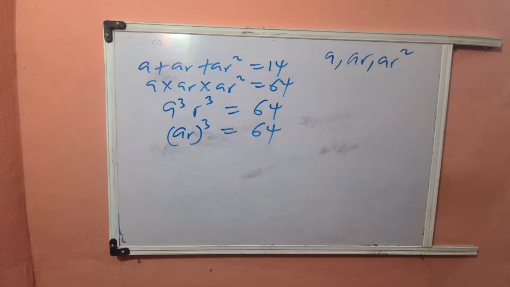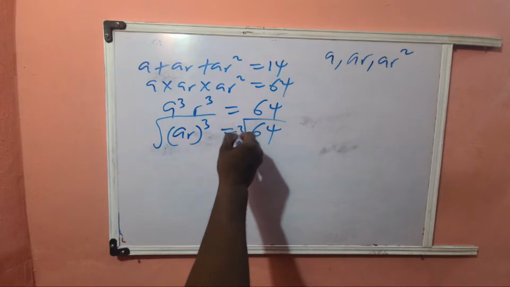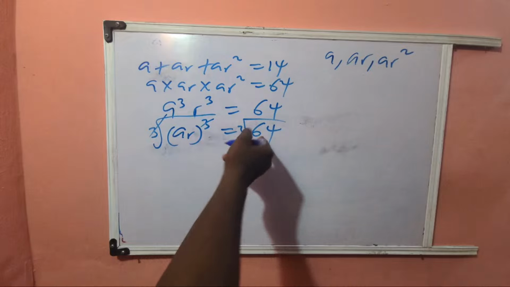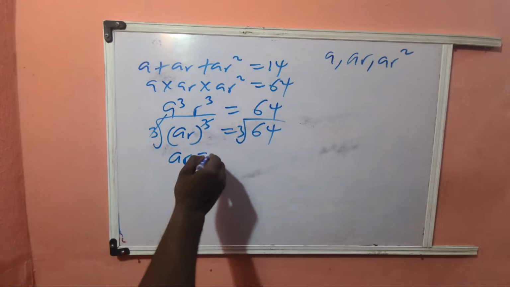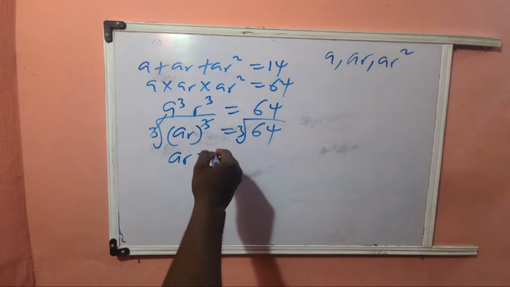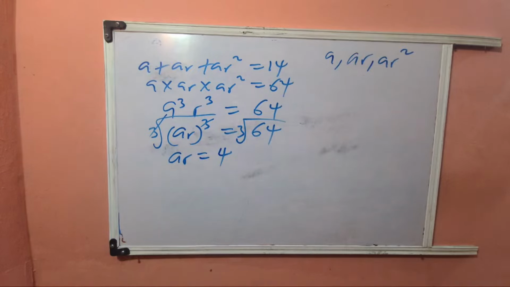Now, for us to find the values here, we can take the cube root of both sides. Of course, this will cancel this, and we'll be left with ar equals the cube root of 64. The cube root of 64 is that number that when you multiply it in three places, you get 64. If you check through, that number is 4. 4 times 4 times 4 gives you 64. So ar is equal to 4.